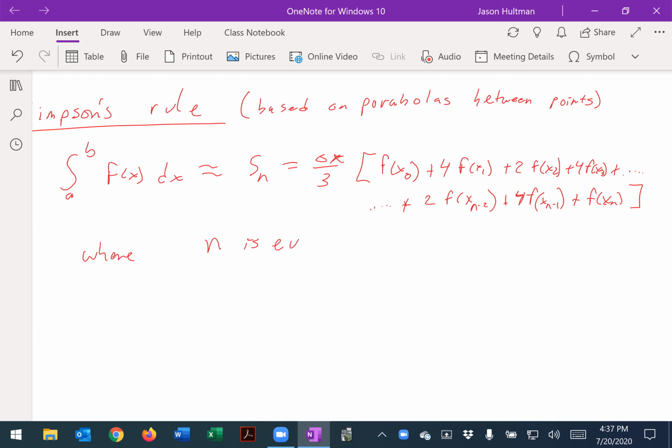We have to have an even amount of subdivisions. Delta x is equal to b minus a over n, same thing as before. Okay, so that's Simpson's rule.